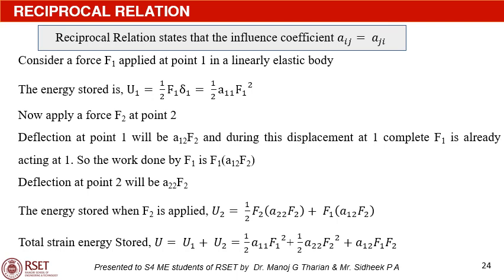The energy stored when F2 is applied is given by U2 is equal to half into F2 into A22 F2 plus F1 into A12 F2. The total strain energy stored in the body is given by U is equal to U1 plus U2, that is equal to half into A11 F1 square plus half A22 F2 square plus A12 into F1 into F2.